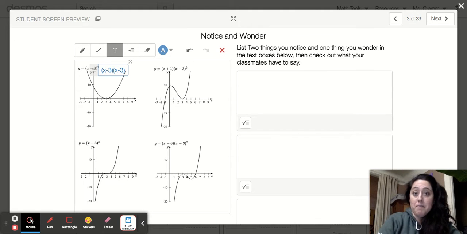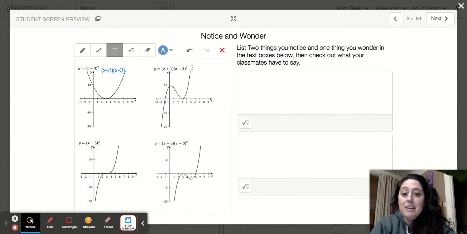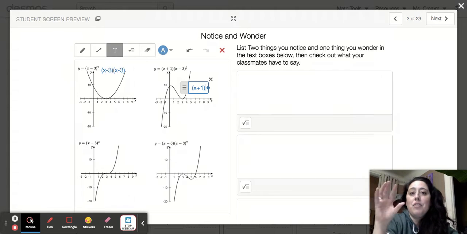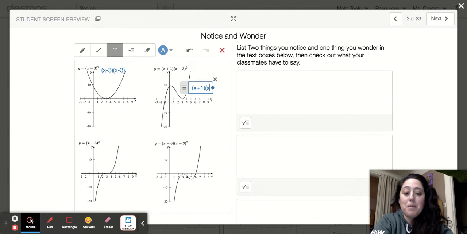Now in this one, I have the factor of x plus 1. And then I have the factor of x minus 3 to the second power. So this x minus 3 is going to be multiplied by itself twice.